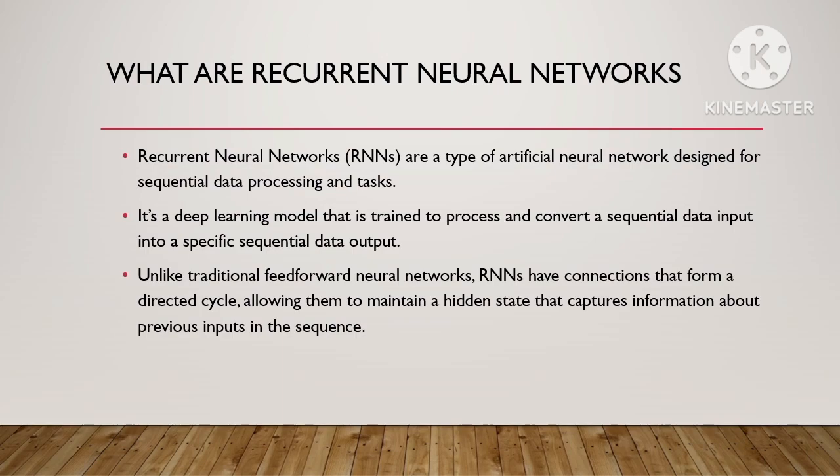Unlike traditional feed-forward neural networks, recurrent neural networks have connections that form a directed cycle, allowing them to maintain a hidden state that captures information about previous inputs in the sequence. The feed-forward networks don't have cycles.